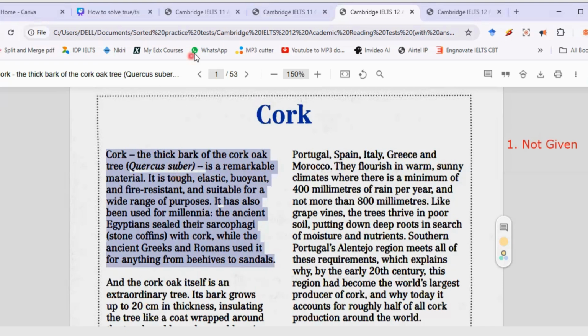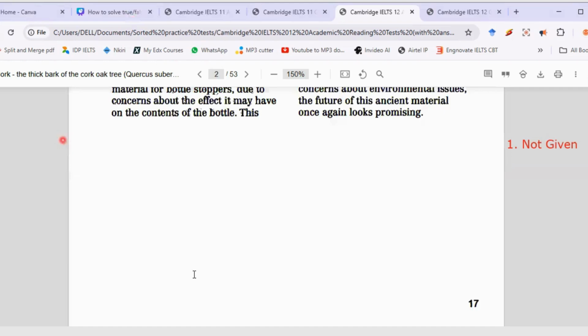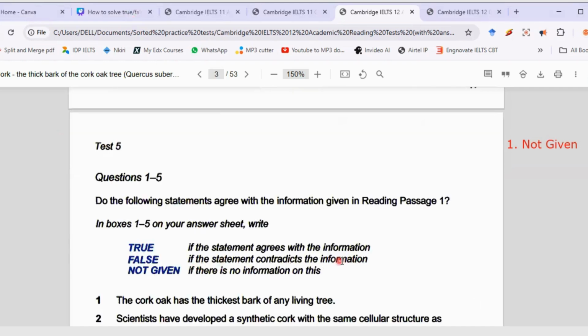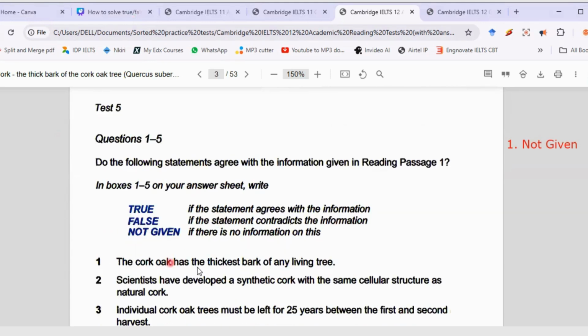For you to pick false, there's a contradiction. That's the meaning of false. Look at it here: if the statement contradicts the information. Now, this statement is that the cork oak has the thickest bark. If you say false, then there must be something in the passage that tells us the cork oak does not have the thickest bark, or the cork oak has the thinnest bark.